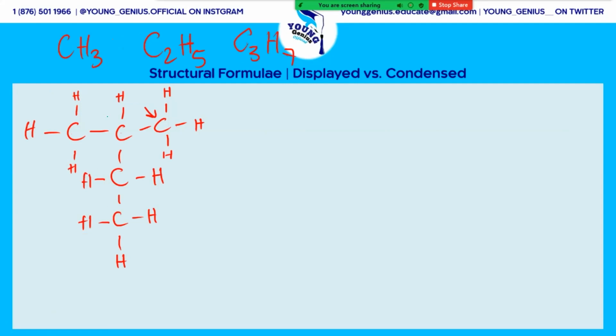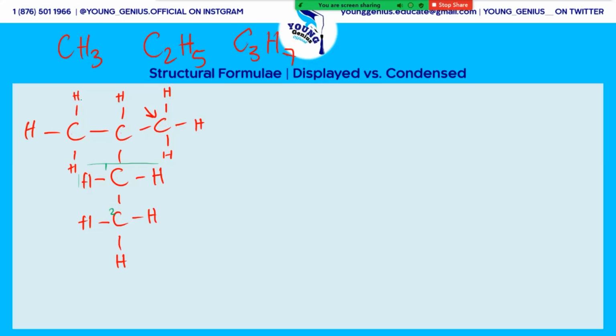That's why I was telling you that this is not two ethyl. If you call this the branch, you'd think this is an ethyl group, C2H5, so you would think this would be 2-ethyl propane.